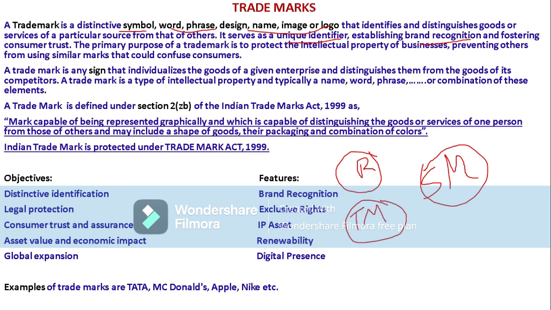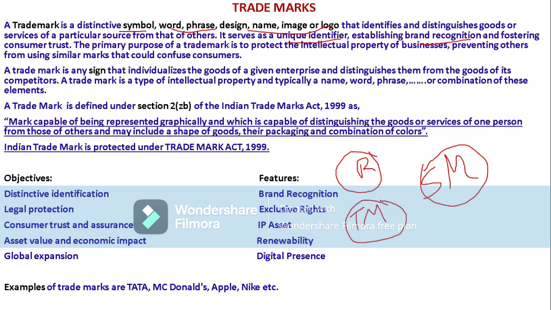For example, we know we have Reliance and Tata. Reliance has its own brand, Tata has its own brand. Likewise, if we see McDonald's and KFC, both have different brand recognitions. So this trademark establishes brand recognition and it fosters consumer trust also.